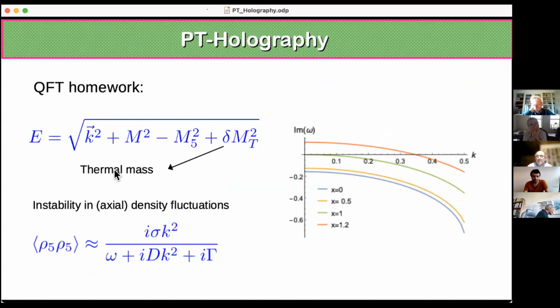And my prediction is that you would see an additional Hermitian thermal mass term, which means you can go further into the PT broken regime because this M5 non-Hermitian term can be larger now, because this is still real. If this is a positive contribution, which it usually is. But you should be careful because there's an instability which should show up in the axial charge fluctuations.